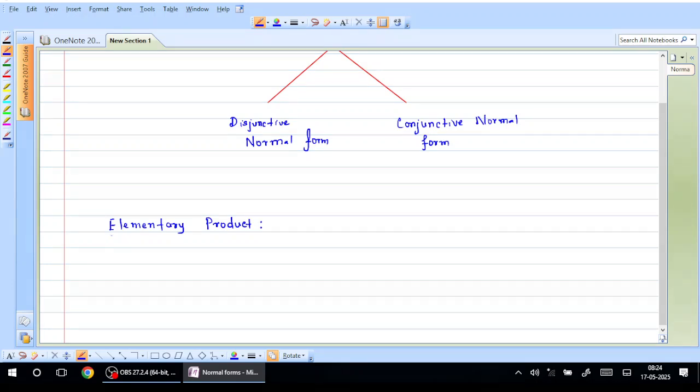So when I use the word elementary along with the product, it means the product of the variables and their negation.